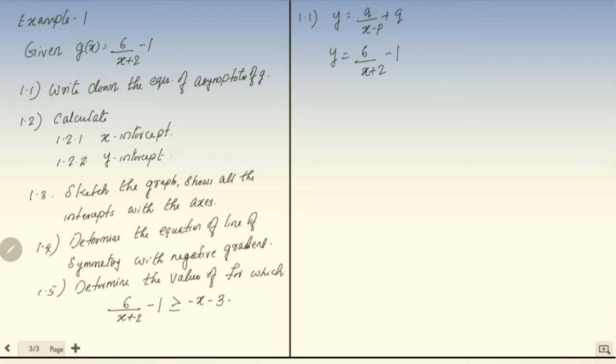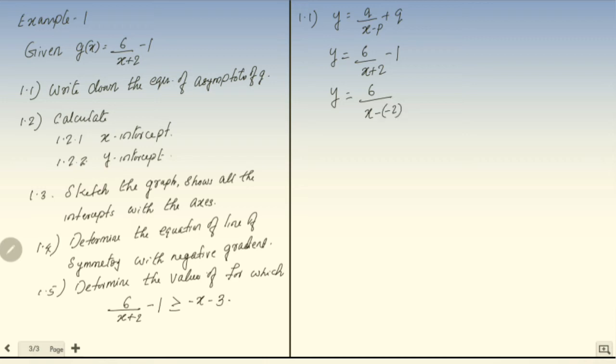Here don't write 2, because immediately after x in the standard form it is minus, but in the question it is x plus. So don't think that x is equal to 2 is the vertical asymptote. Wrong. You have to take the negative value of 2, because I will show you here when I make this the same as the standard form, 6 divided by x minus negative 2.